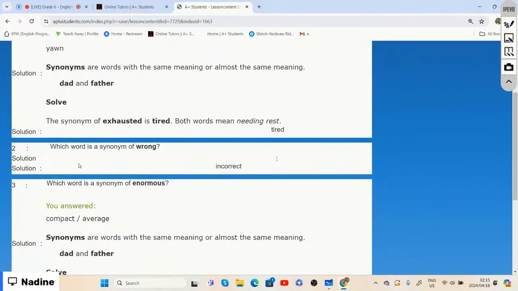All right. And okay, we already did exhausted and tired. We need to see what is another word for wrong. If you get a word wrong, how would you tell somebody that, oh, sorry, but that is wrong? Give another word for wrong.